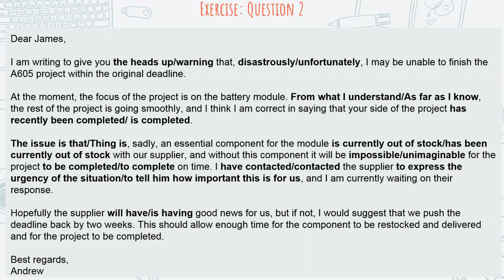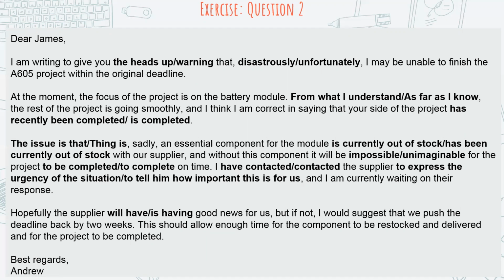So would you use the give you the heads up or warning? We are not writing an informal letter, so I can't be using the expression the heads up. So it would be appropriate to use the expression give you warning. I'm writing to give you warning.